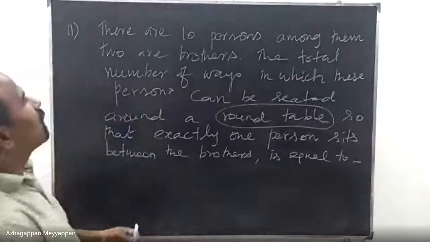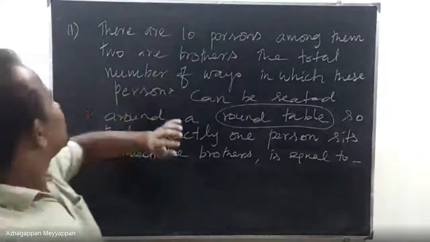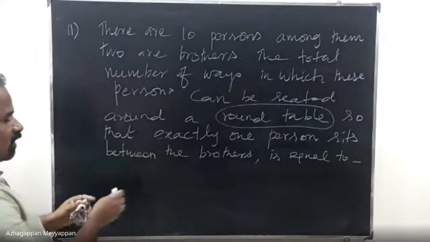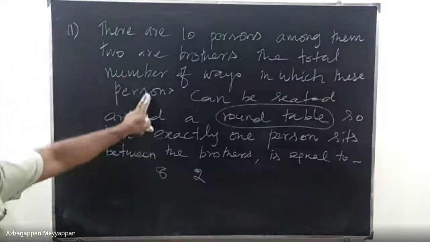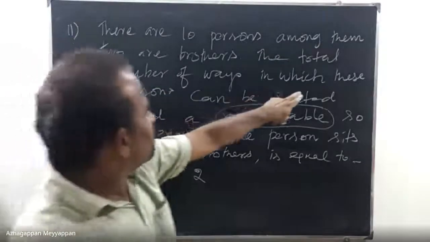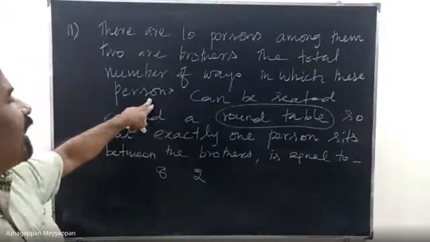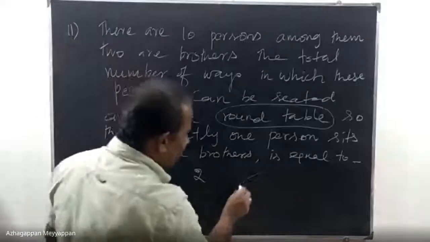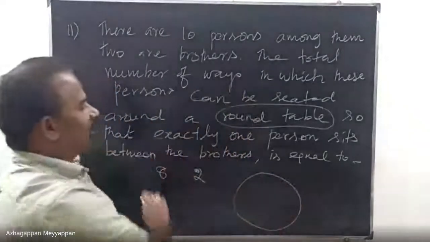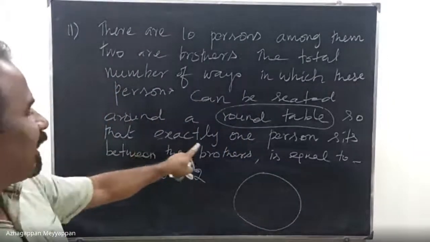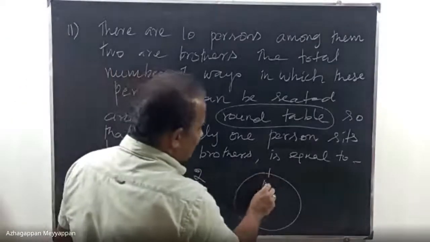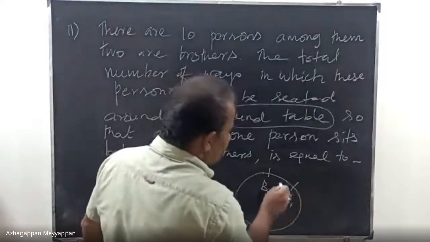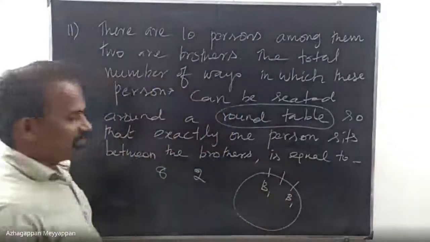Then here, there are 10 persons, 2 are brothers. So 8 persons and 2 brothers. The total number of ways in which these persons can be seated around a round table so that exactly one person sits between the two brothers. This is brother 1, this is brother 2, here is only one seat.